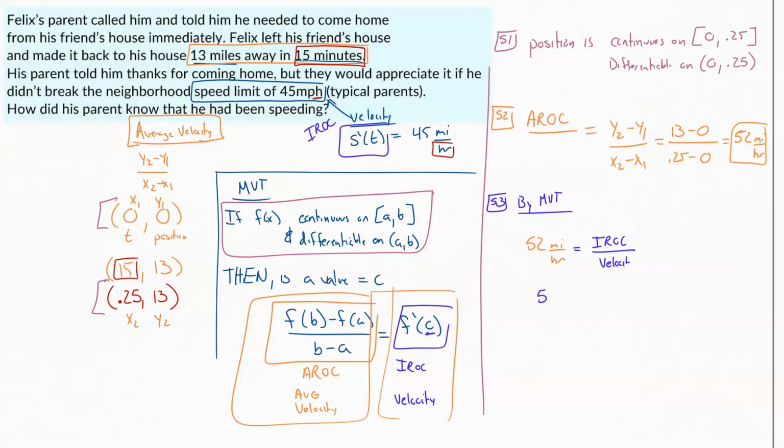So your parents don't know when you were speeding, but they knew that you were speeding because at some point in between, the velocity has to equal your average rate of change. So at some moment, you were going over that speed limit.